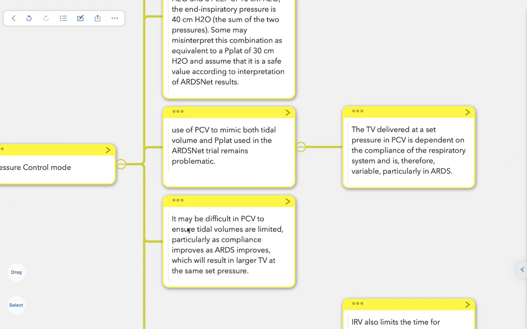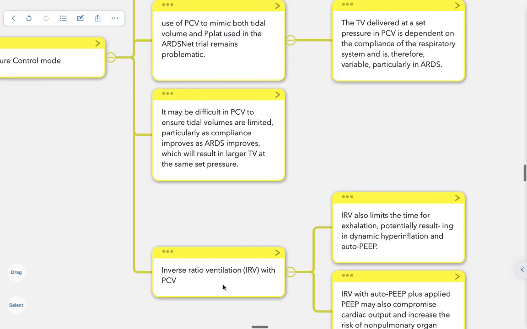It may be difficult to ensure tidal volumes, particularly as compliance improves as ARDS improves. When compliance improves, naturally more tidal volume will be generated. So at the same set pressures, a larger tidal volume might be generated because of better compliance.